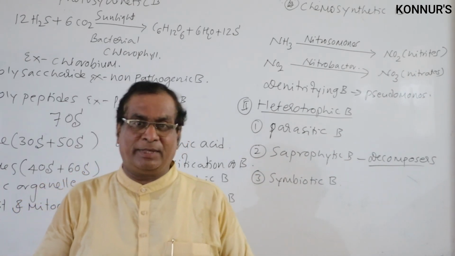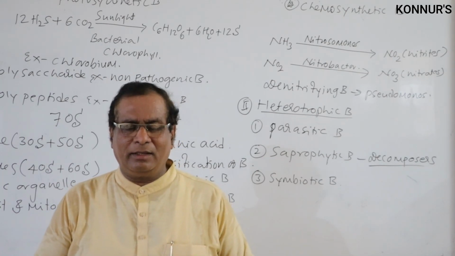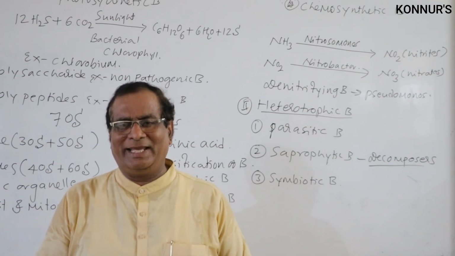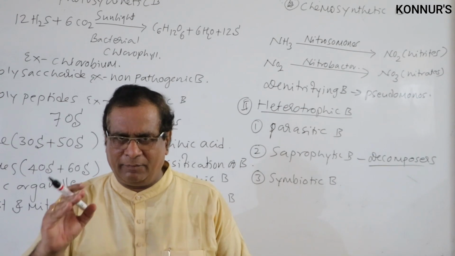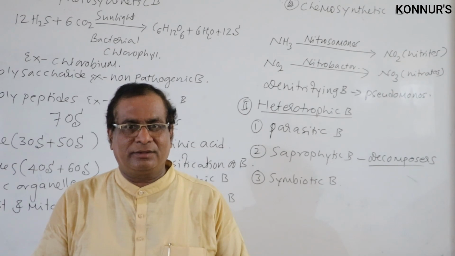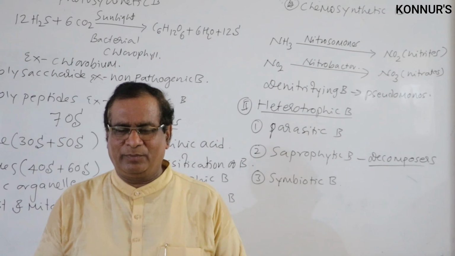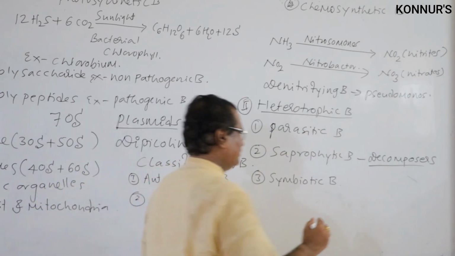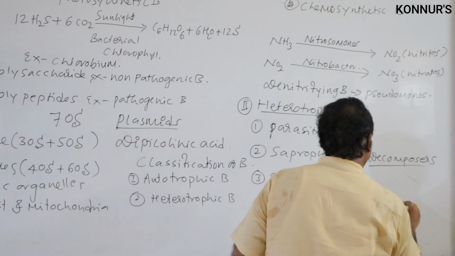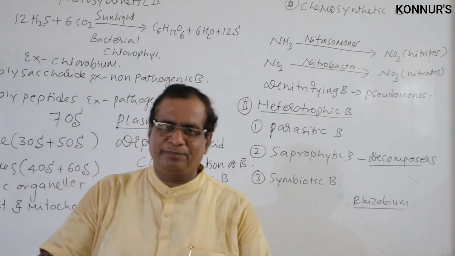Symbiotic bacteria are unique bacteria. They lead their life in other living organisms. They get shelter and food from that living organism, and on the other hand, they help those living organisms as well. The best example is Rhizobium, a symbiotic bacteria.